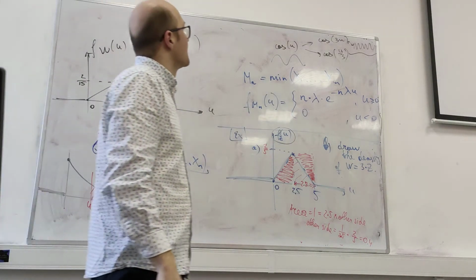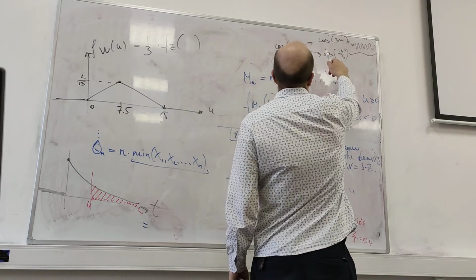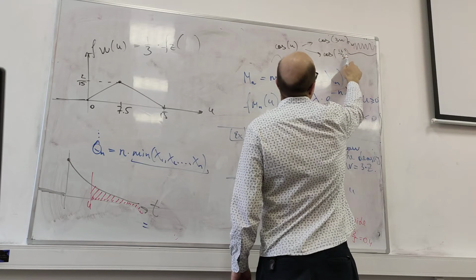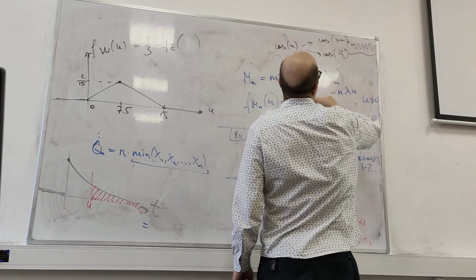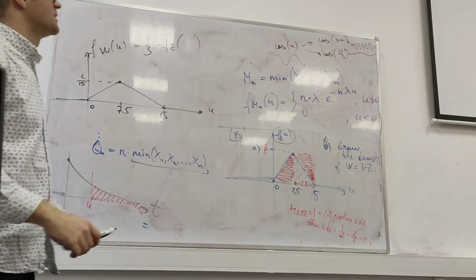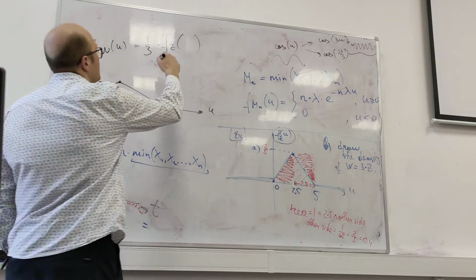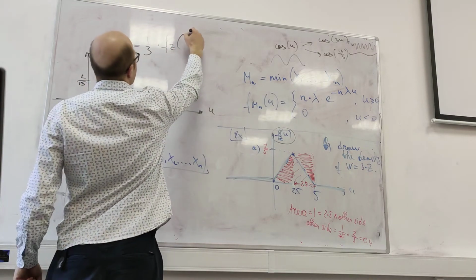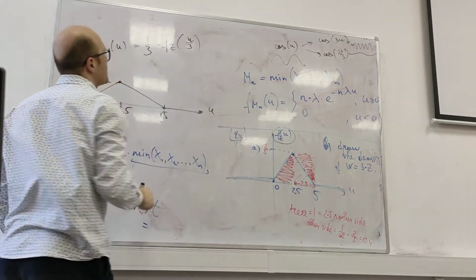You can check the period. You need to add 2 pi over 3 to change the argument by 2 pi for cosine of 3u, while for u over 3 you need to add 6 pi. So to dilate it, we need to take something like u over 3.